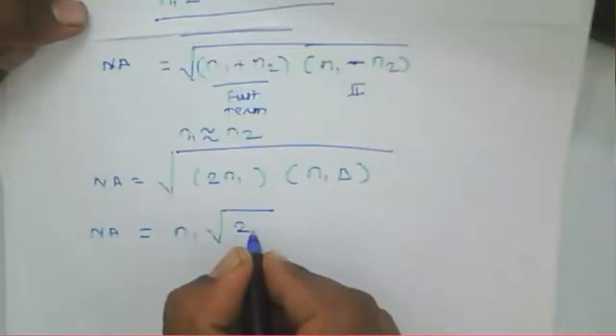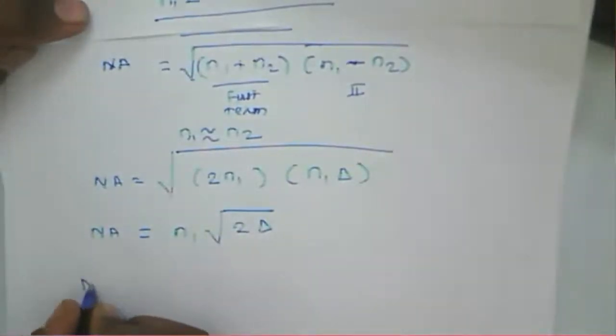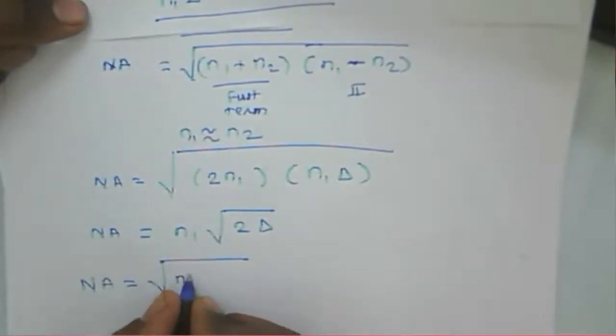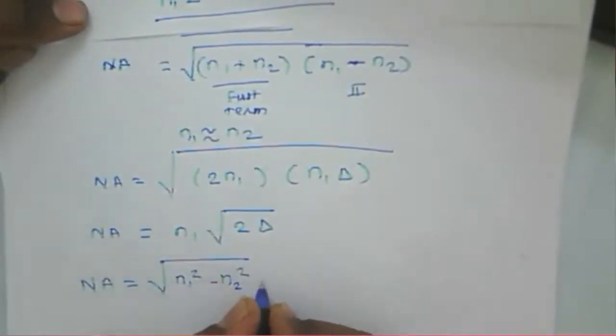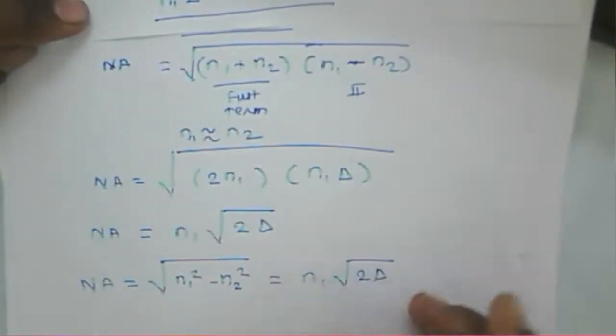So we rewrite the numerical aperture. The first term is twice of n1, and the second term is n1 times del. We get the numerical aperture as n1 times the square root of twice del.